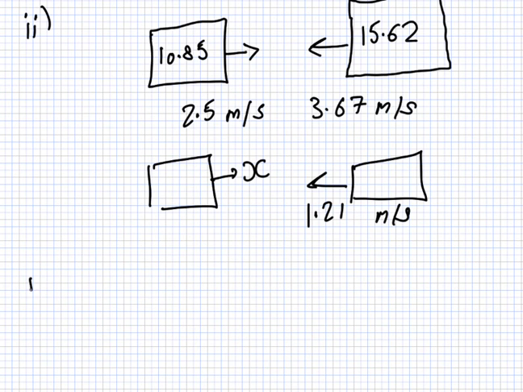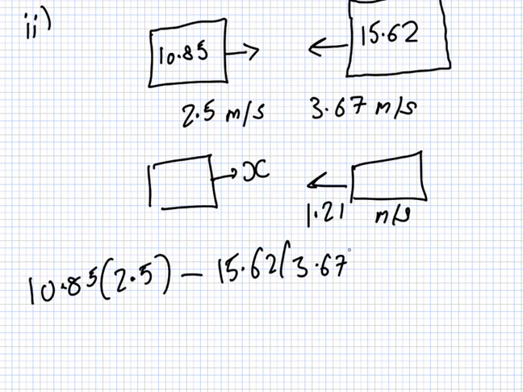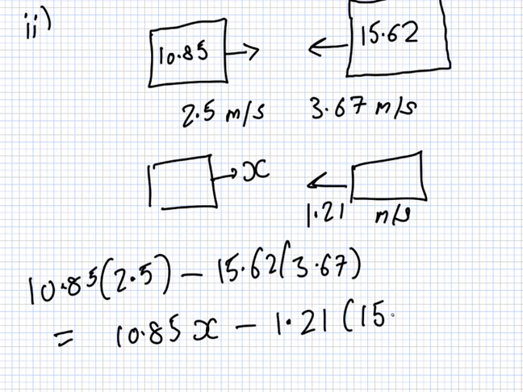So you have M1U1 plus M2U2 must equal M1V1 plus M2V2. Deliberately, because it's going to the left, so it's a negative velocity.